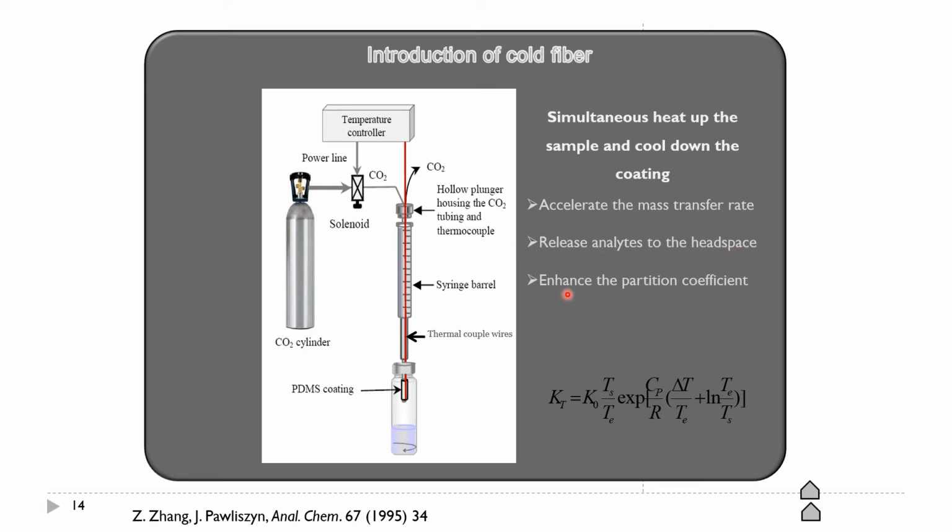And in addition, you also have a fundamental enhancement of the distribution constant given by this equation. It is due to the fact that there's a temperature difference between the sample, which is at high temperature, and the fiber, which is at lower temperature, that allows you to have a much higher K value.